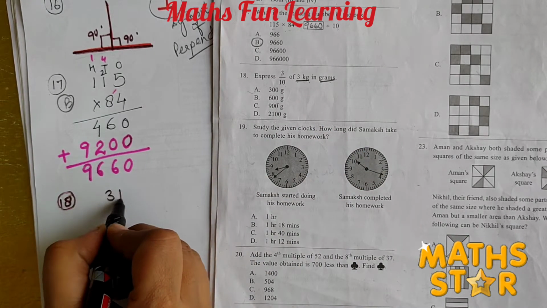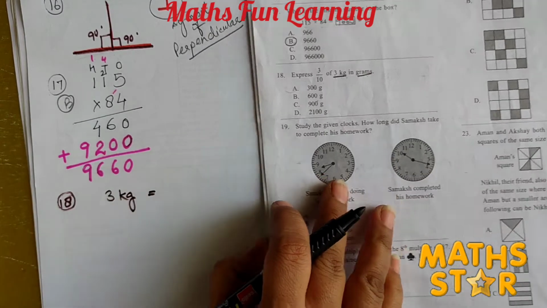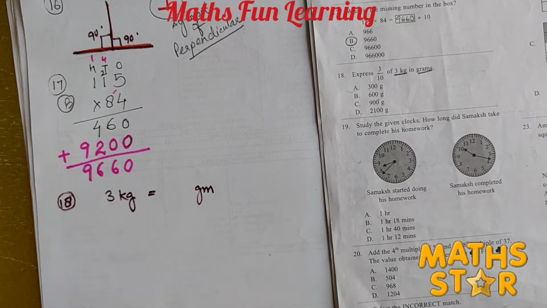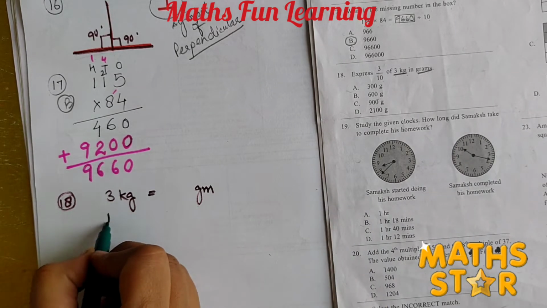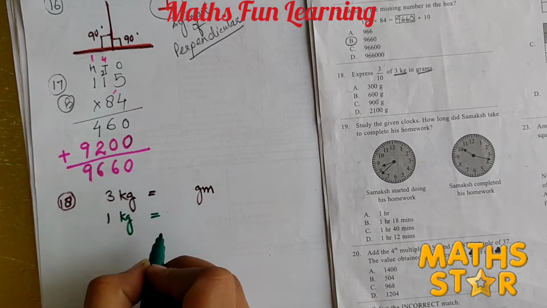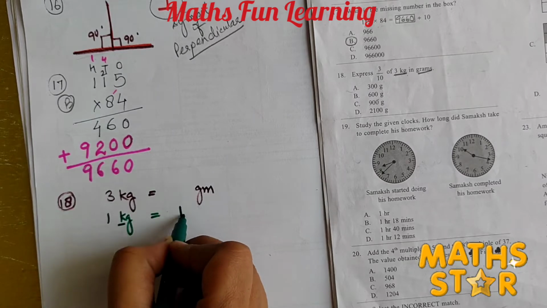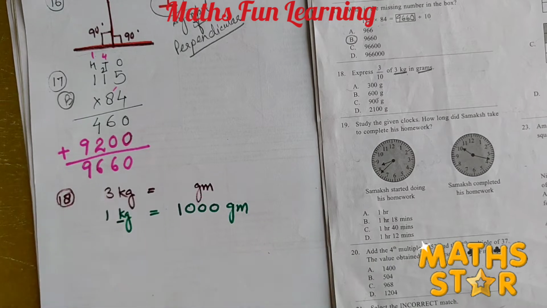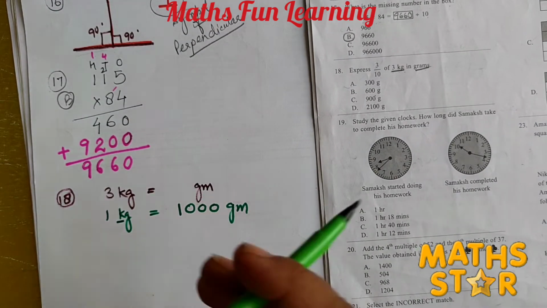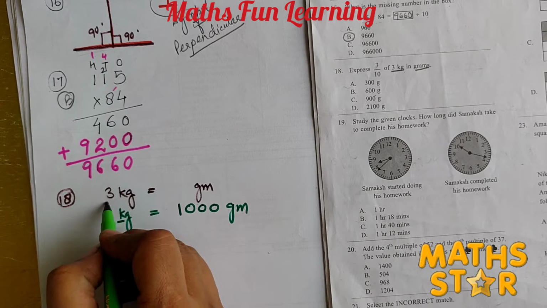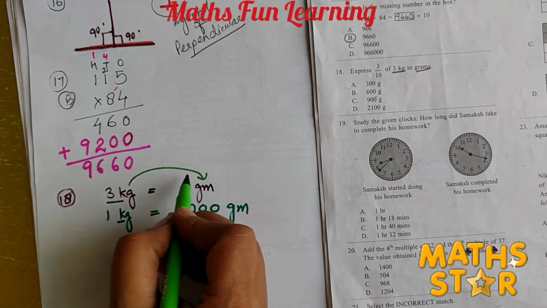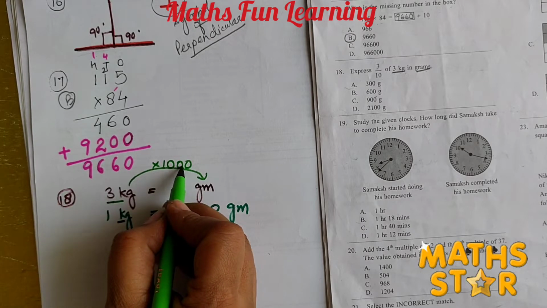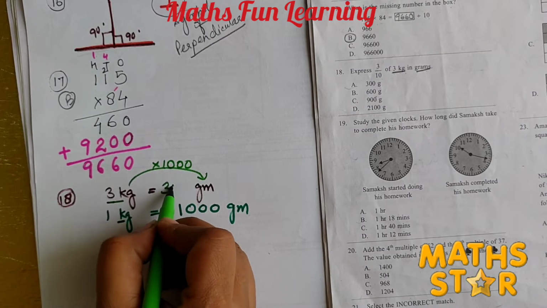It's 3 kilograms. You have to change the 3 kilograms into grams. First, tell me, in 1 kilogram how many grams are there? Yes, kilo means there are 1000 grams. So you have to multiply that 1000 with 3 to change it into grams. So it is 3 times 1000, which gives you 3000.